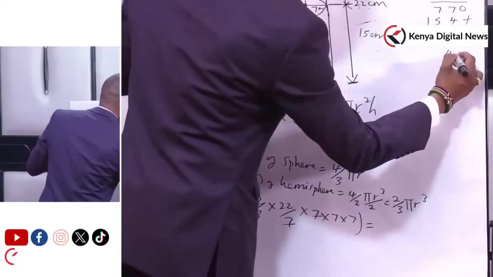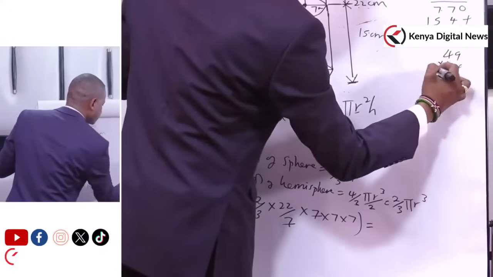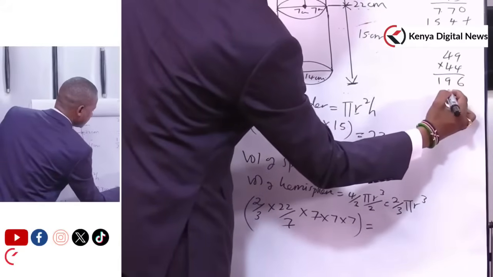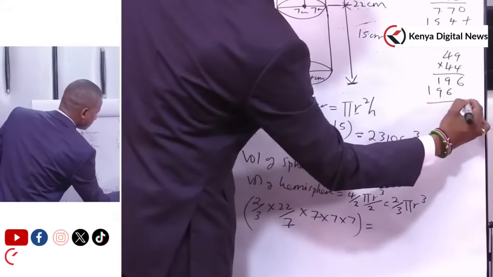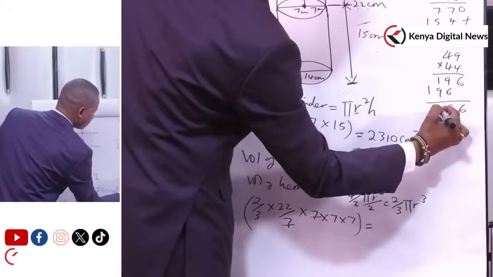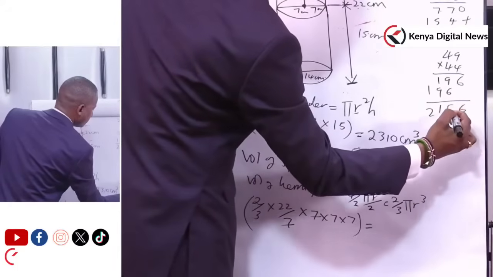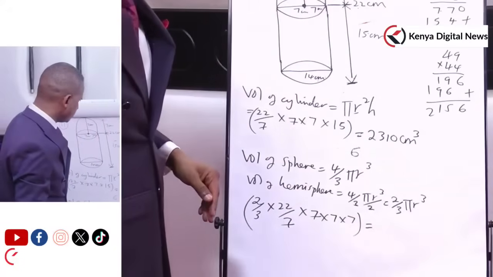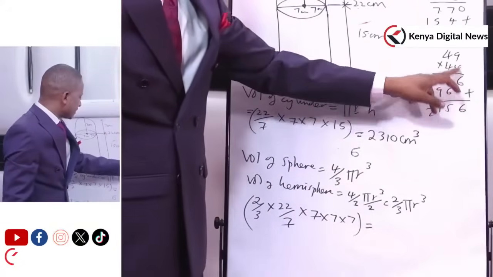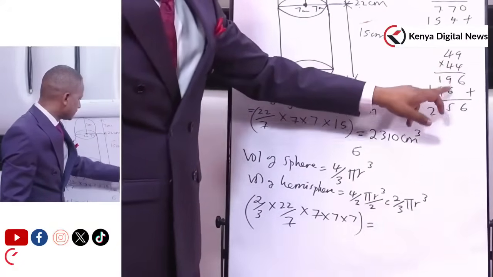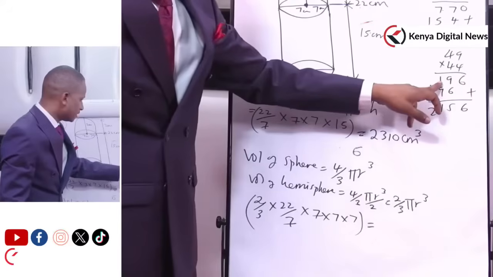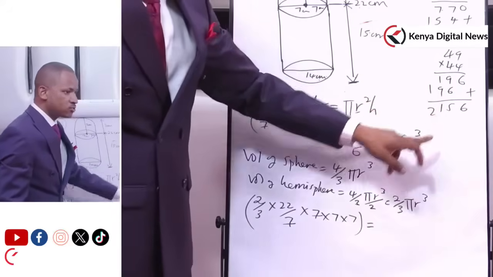49 times 44. 36, 19, 36, 19. 6, 5. I hope I'm correct. 36, 6 carry 3, 16, 19. 6 carry 3, 19. 6, 15 carry 1. 10, 11 carry 1. 21, 56.